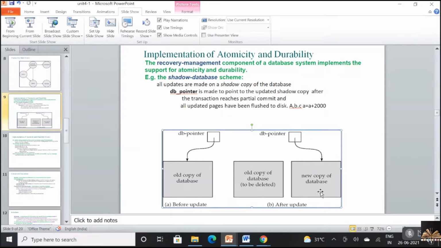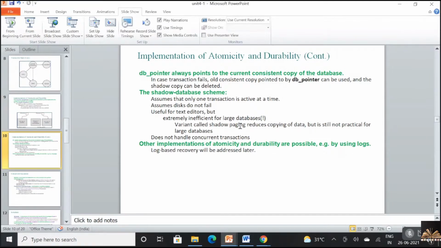And once I make my DB pointer point to the new copy of the database, which was updated according to the successful execution of the transaction, the old copy of the database would be deleted, and the DB pointer would be pointing to the new consistent database. DB pointer always points to the current consistent copy of the database.